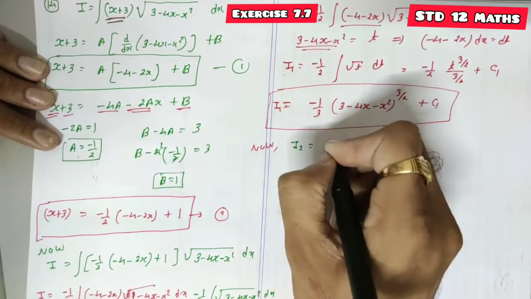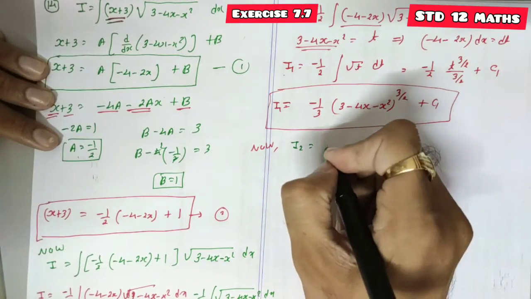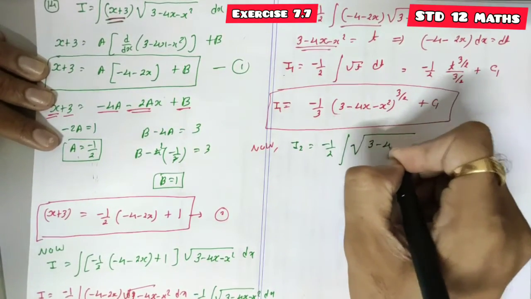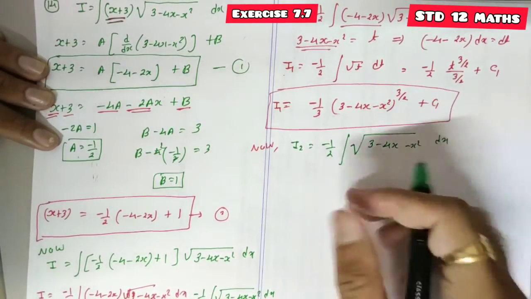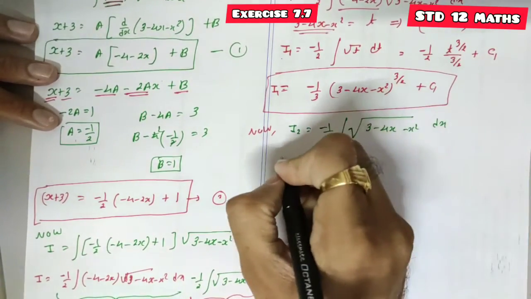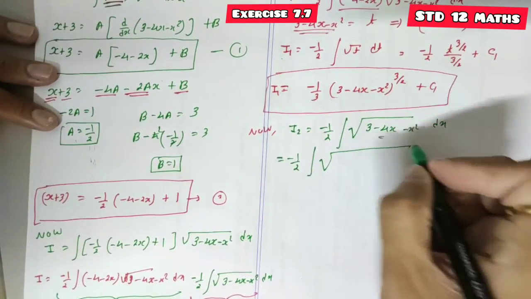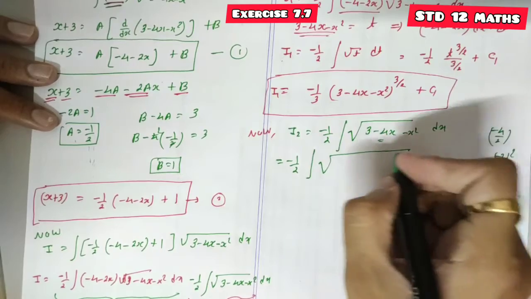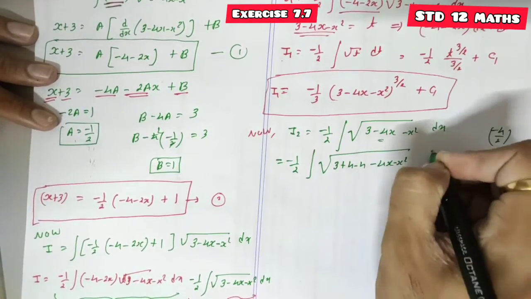For integration I2 is, I2 क्या था, minus 1 by 2 integration of 3 minus 4x minus x square dx. आप ये minus 1 by 2 को लास्ट में भी कंसिडर कर सकते हैं, लास्ट साथ में भी रख सकते हैं, है ना. तो अभी इसका इंटीग्रेशन क्या करते हैं बोलो, minus 1 by 2 integration square root, minus 4 को डिवाइड करना पड़ेगा ना, minus 4 को 2 से डिवाइड करें, minus 2 आएगा, उसका स्क्वायर 4. सो 4 को ऐड करना है, 4 को सब्ट्रैक्ट करना है, so it's 3 plus 4 minus 4 मेकअप किया minus 4x minus x square dx.